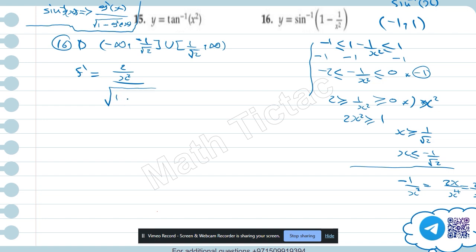So I'll go back and write 2 over x cubed all over the square root of 1 minus 2 over x squared plus 1 over x to the power 4.